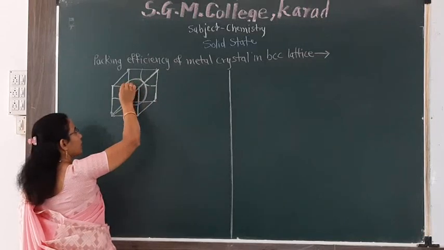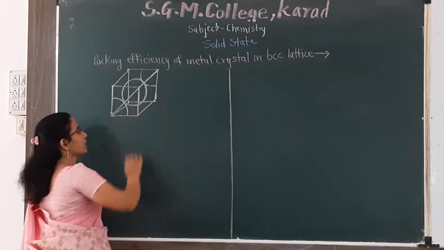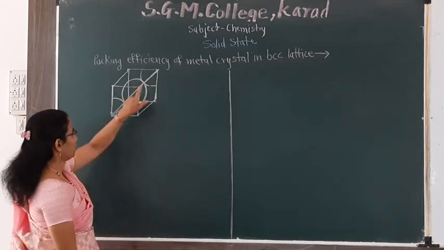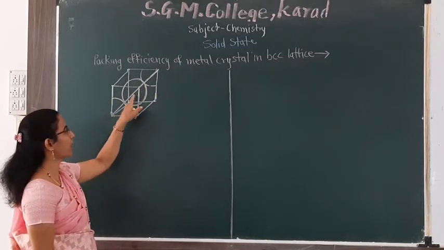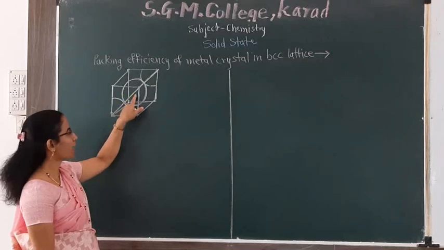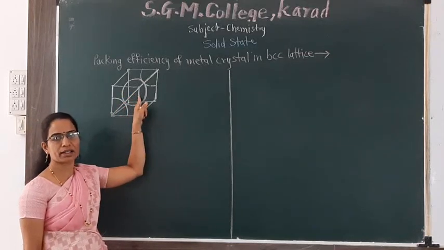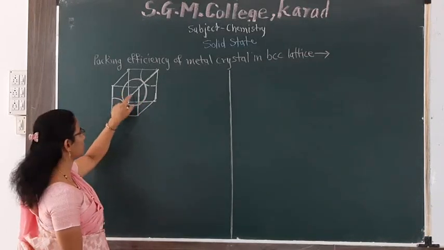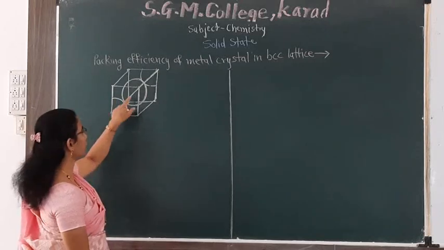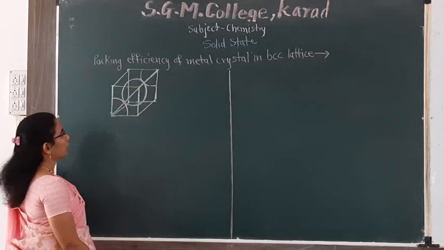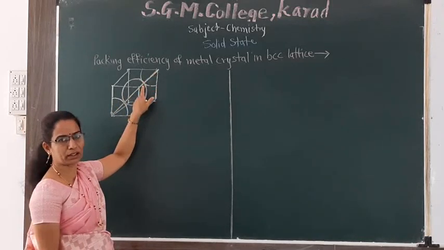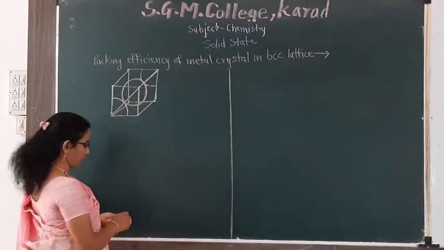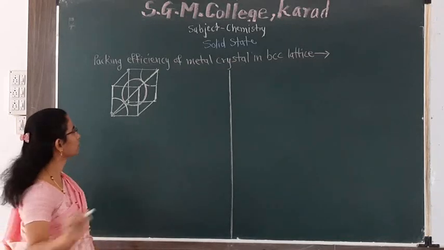Have you got the arrangement of particles in BCC lattice? Corner particles are not touching each other, but they are touching the particle which is present at the center of this cubic lattice or unit cell. Now let the radius of this corner particle or any particle be r.